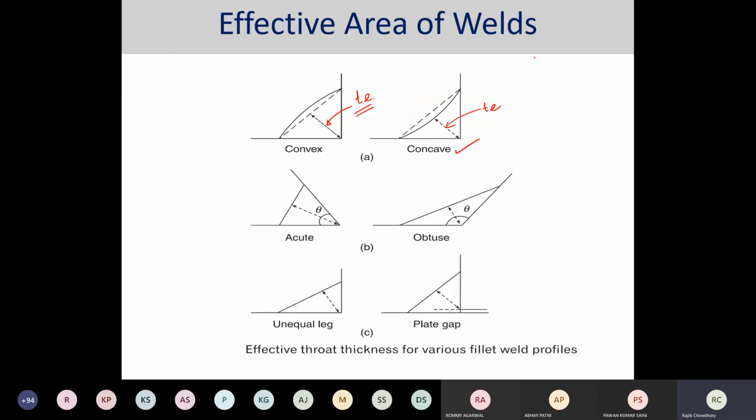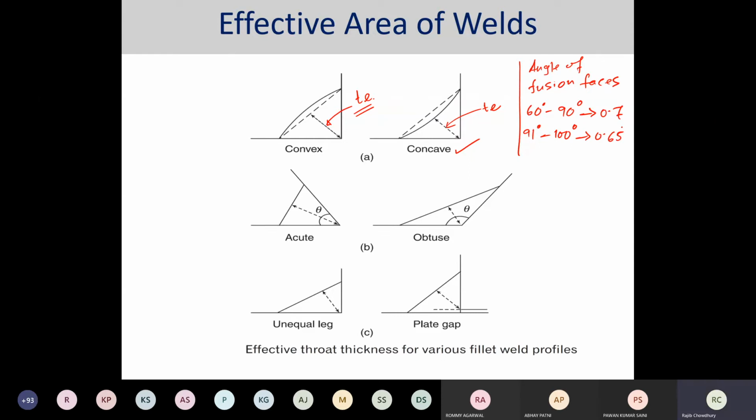In general, IS 800 has already tabulated this. Let's say, for example, if the angle between fusion faces is 60 degree to 90 degree, then this effective throat thickness factor becomes 0.7. If it is 91 degree to 100 degree, then it becomes 0.65.